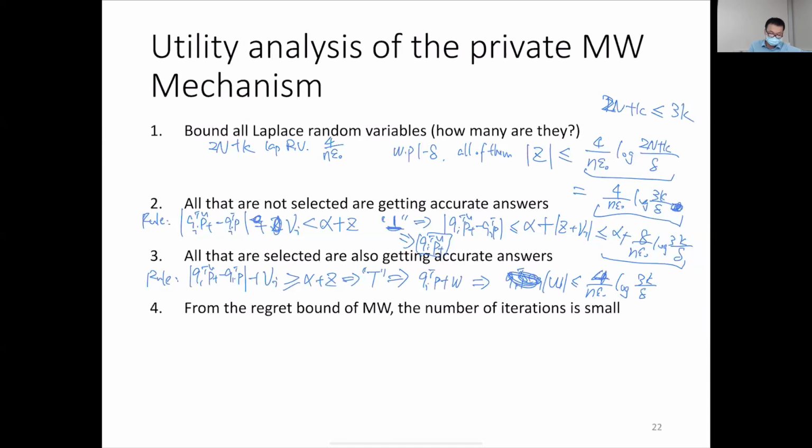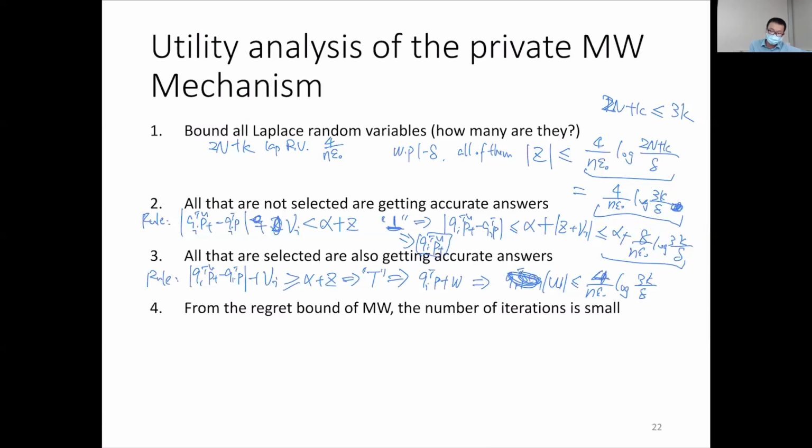Okay, so we've shown that in both cases the algorithm is returning a sufficiently accurate answer. Like one is smaller than alpha plus this, where alpha is a threshold, and the other is just proportional to the scale of the noise.